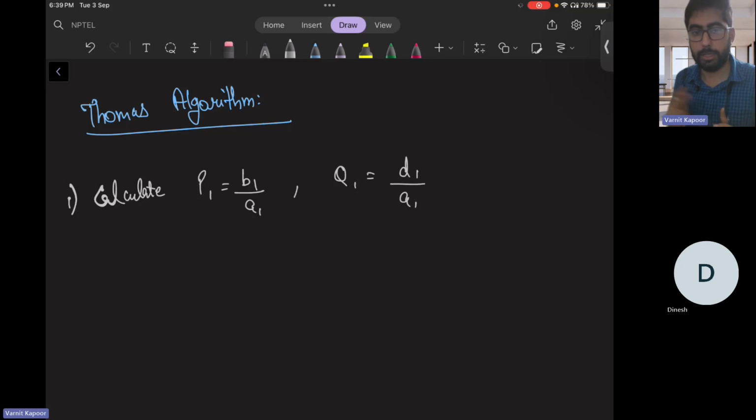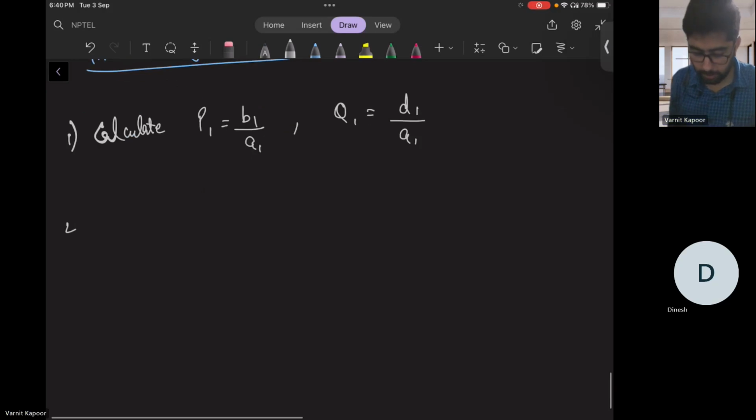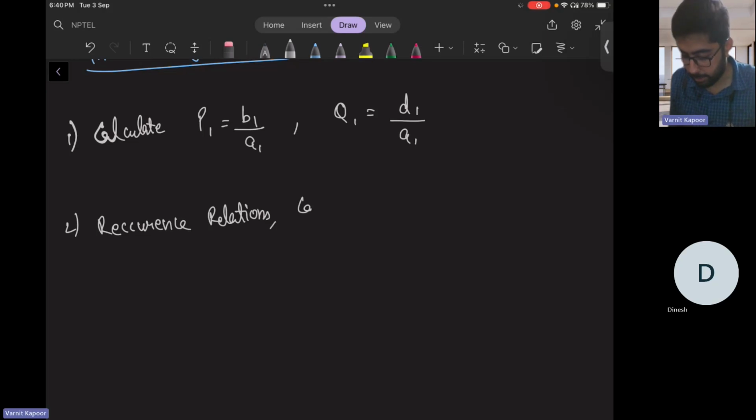First step is this. Then the recurrence relation happens where you calculate PI and QI for the other nodes. Next step is recurrence relations are calculated.